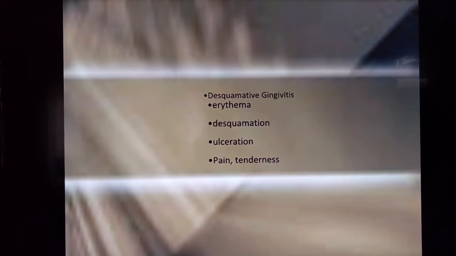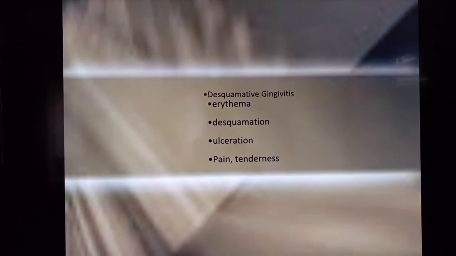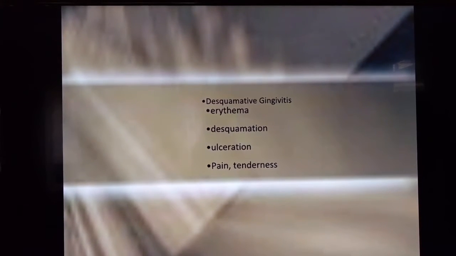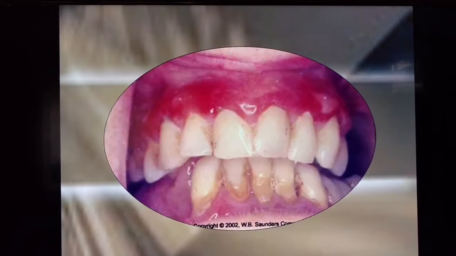Ulcerative changes or desquamative gingivitis could be associated with oral lichen planus, cicatricial pemphigoid, bullous mucous membrane pemphigoid, LAD, dermatitis herpetiformis, lupus erythematosus, or even chronic ulcerative gingivitis.